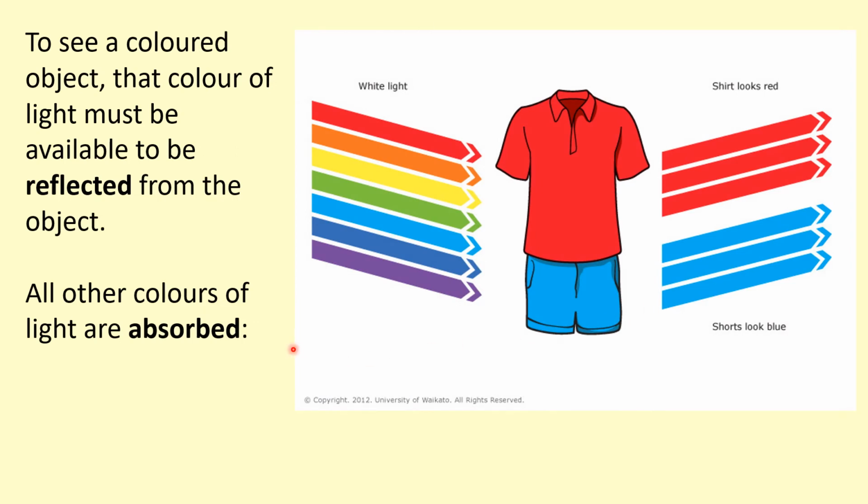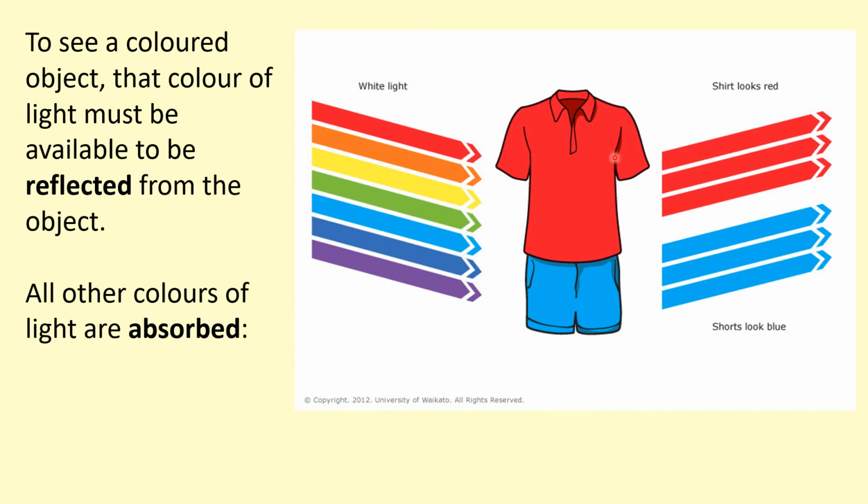Alright, so seeing colours. To see a coloured object, that colour of light must be available to be reflected from the object. All of the other colours of light are absorbed. So if we're looking at a red t-shirt, we've got white light shining on it, so all of the different colours, but that red t-shirt is absorbing the orange, yellow, green, blue, indigo and violet and reflecting the red.